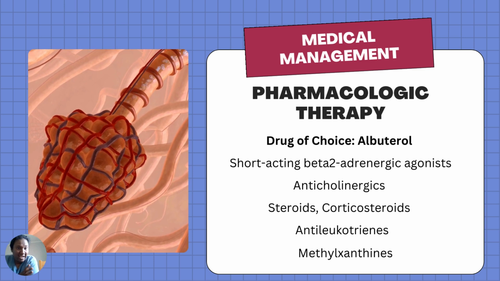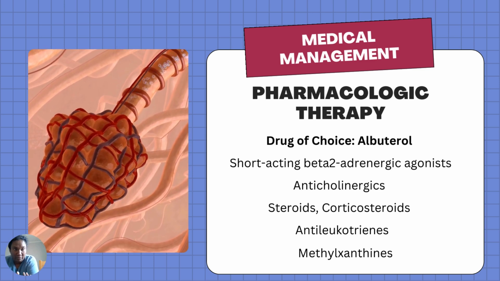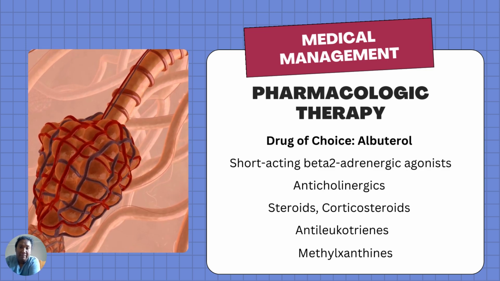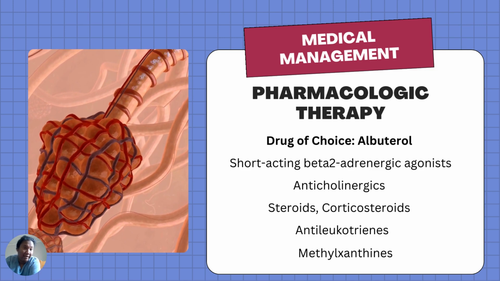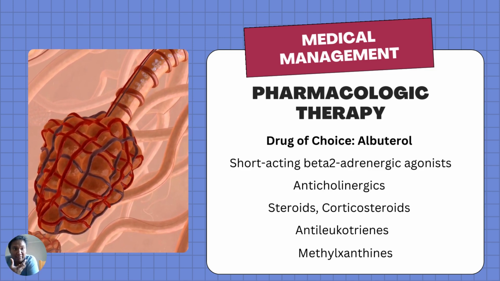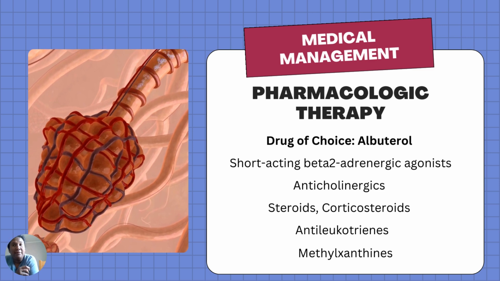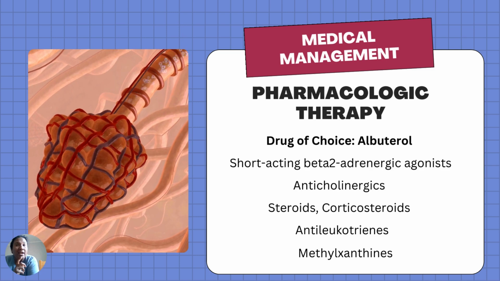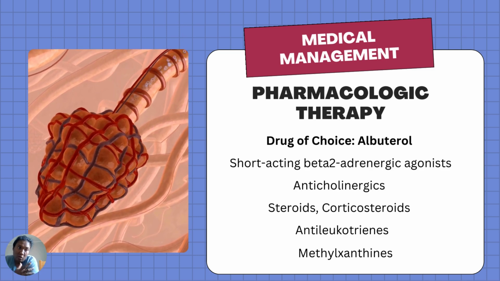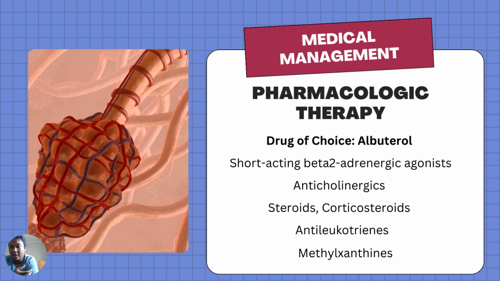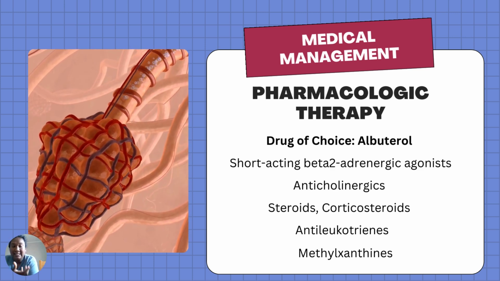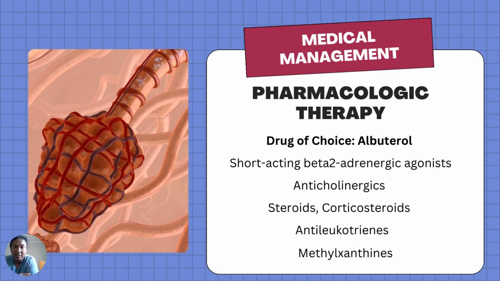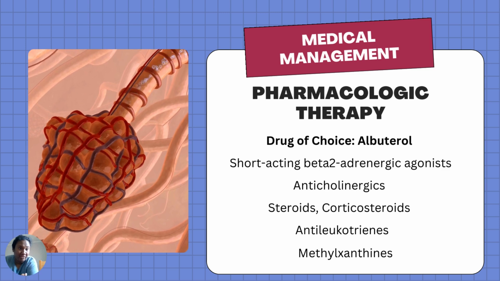And next we have the steroids and corticosteroids. So when we talk about corticosteroids, you might have heard about MDIs or metered dose inhaler. So corticosteroids are the contents of it. Along with that, when we talk about steroids, it could be IV or oral steroids. But if you see asthma in an ICU setting, in a critical care setting, it could usually be an IV steroid.